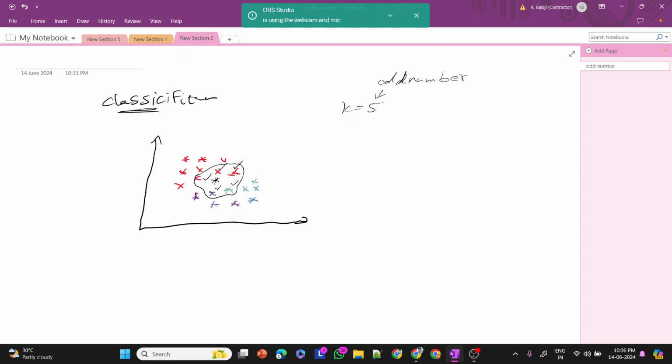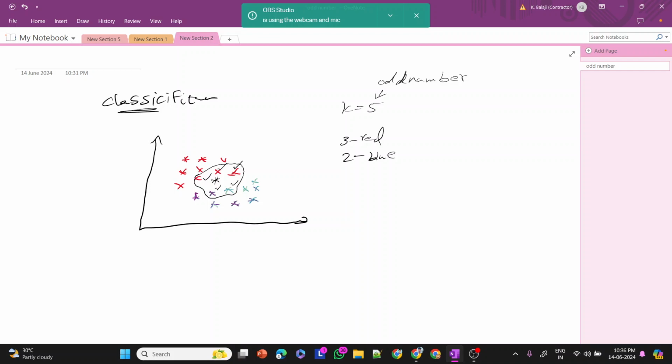Okay. So from this, totally there are 5 points. 3 points belong to red and 2 points belong to blue. So from this, the red points are closer to the new point, so this algorithm predicts that this point belongs to the red category.